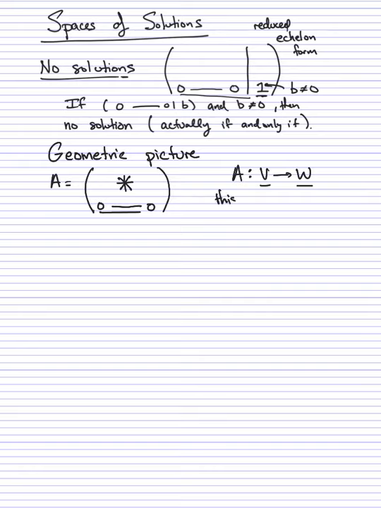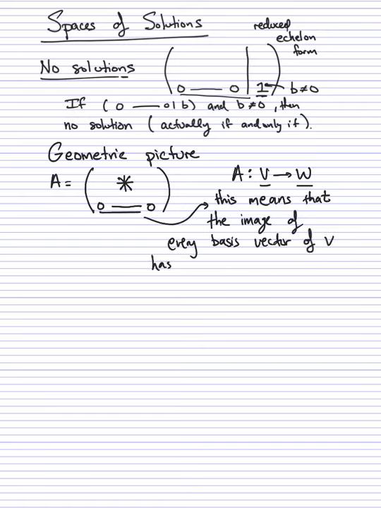This means that the image of every basis vector of V has a 0 coordinate for some basis vector of W.